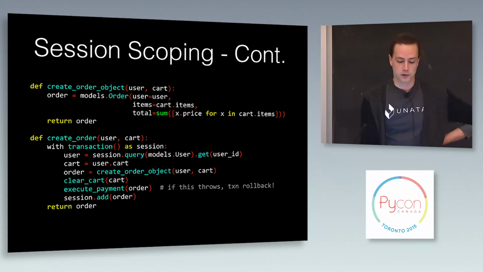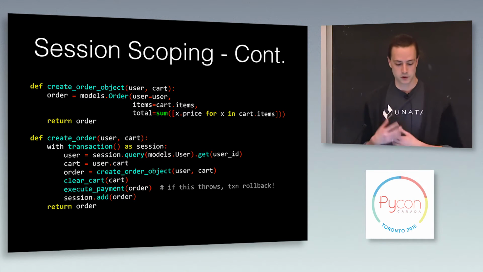I think a better way to approach it is, and in this case, really what we're interested in is the business logic that's going on. Where we're creating this model and summing a total on the price for each item in the cart, that's the interesting business logic.